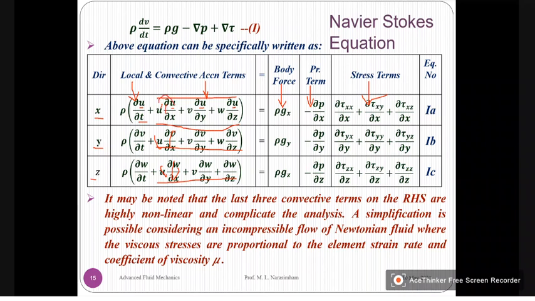See, this is a second order term. So they complicate the issue. So a simplification is possible considering an incompressible flow of a Newtonian fluid, where the viscous stresses are proportional to the element. On the right hand side, these 3 terms are also nonlinear. The left hand side 3 terms are also nonlinear, but these are very complicated.